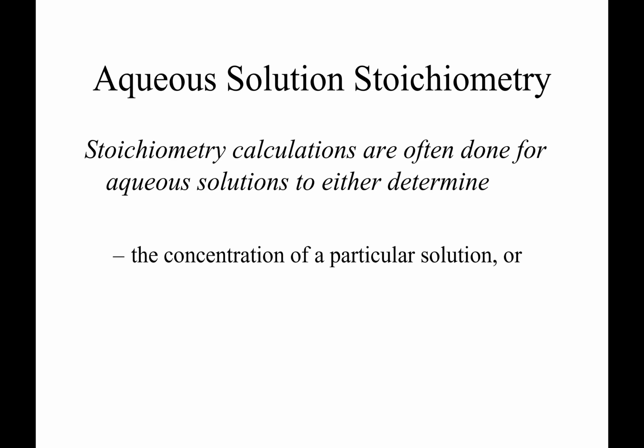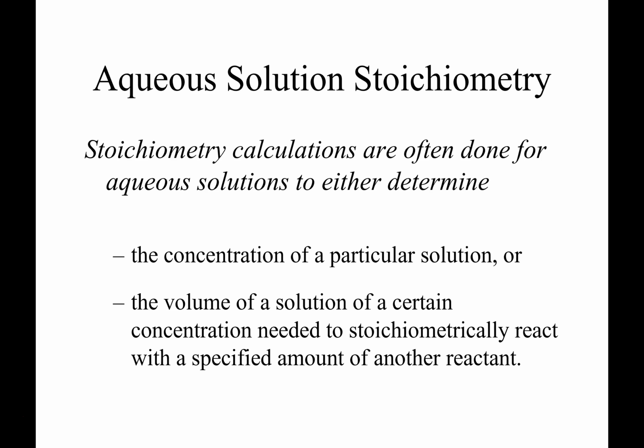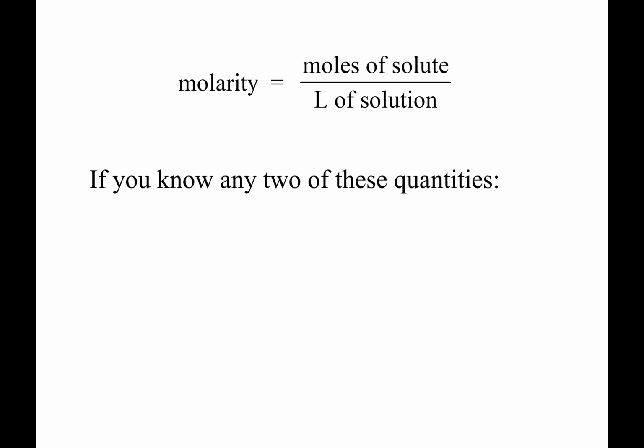So a specific concentration of something involved in the reaction. The other general type of calculation is that we come up with how much volume of a reactant or product we need to have the reaction occur. What's the volume? So those two, concentration or volume.